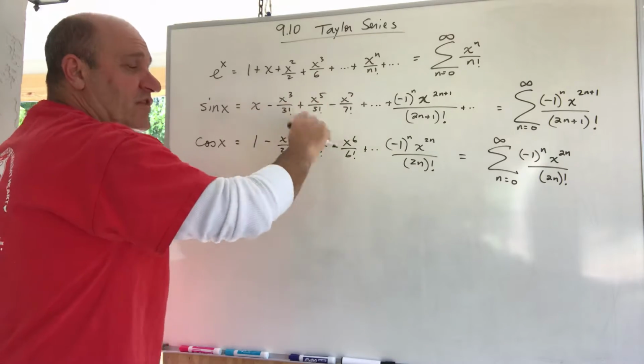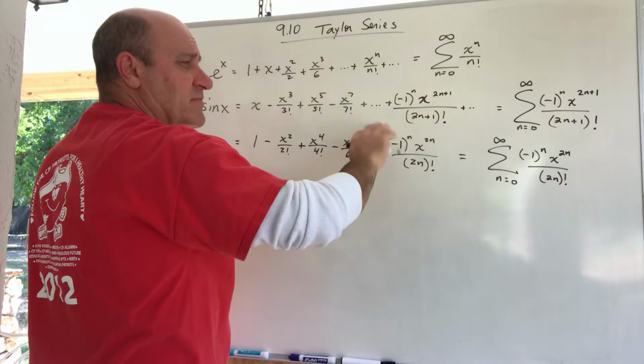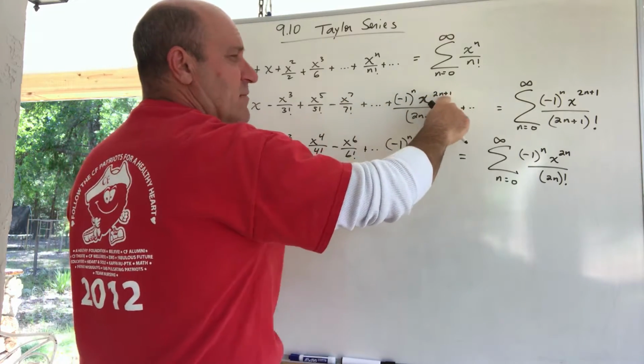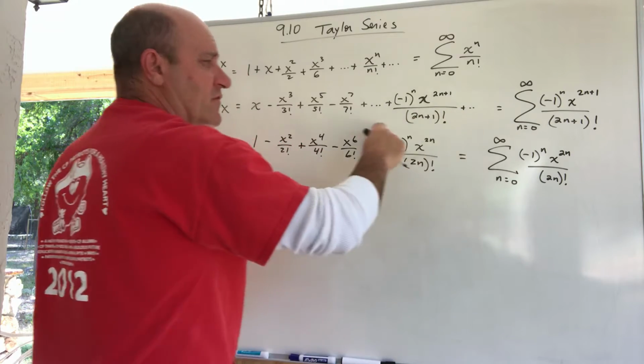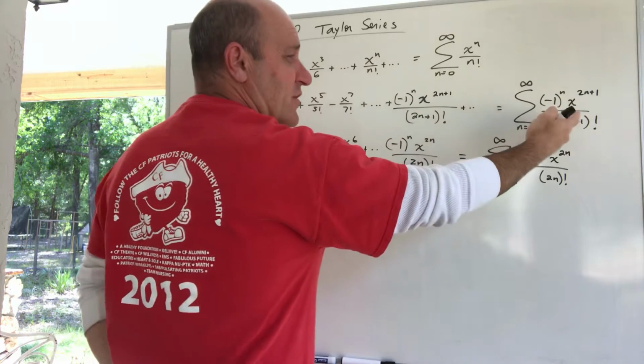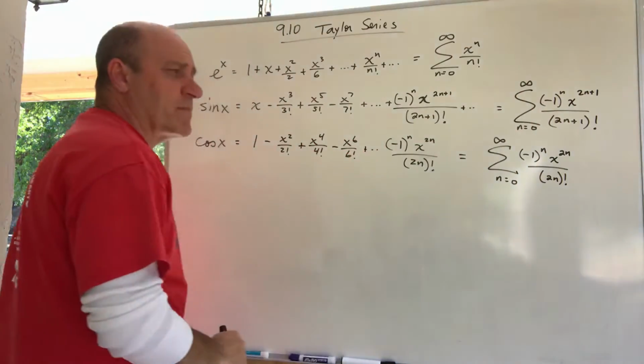So to get that alternating idea, we get that (-1) to the n power. That makes you go plus, minus. And to get these odd numbers, you've got x to the 2n plus 1 over (2n plus 1) factorial. So anyway, that's the nth term. Therefore, again, you can write it as a closed series or in the summation form.